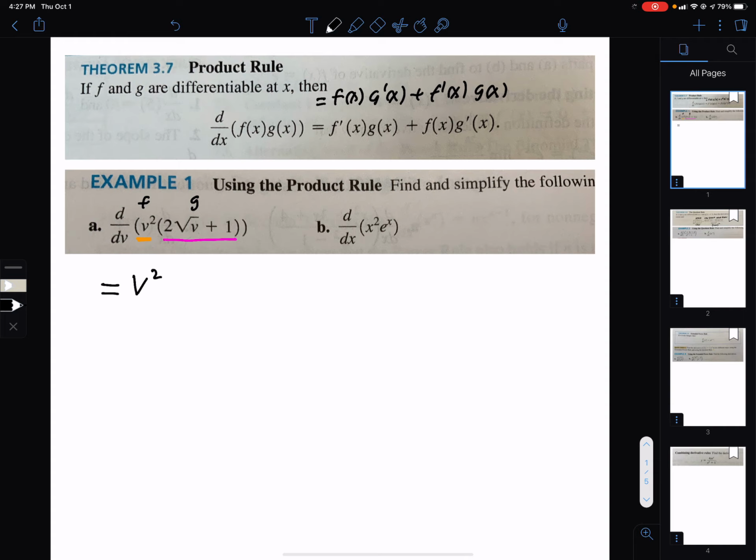Don't do anything to it. Then you take the derivative of the second one. Well, 2 is a constant, I leave that. The derivative of square root of v, hopefully you are at the point where you know it's 1 over 2 radical v. And the derivative of a constant is 0. And then you go the opposite. Now you take the derivative of the first one.